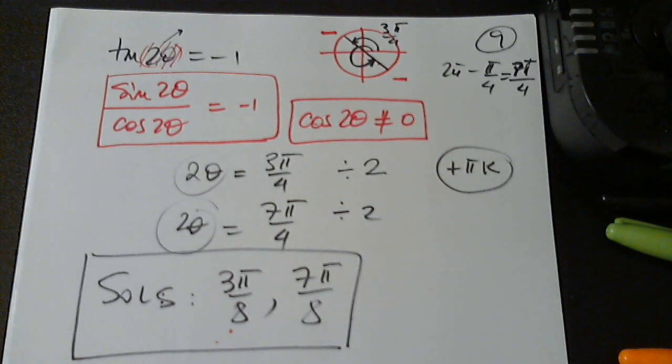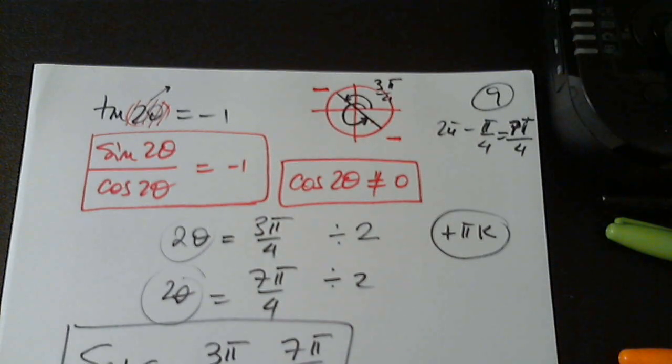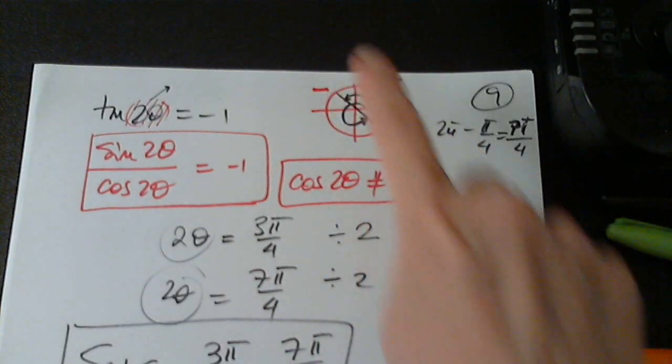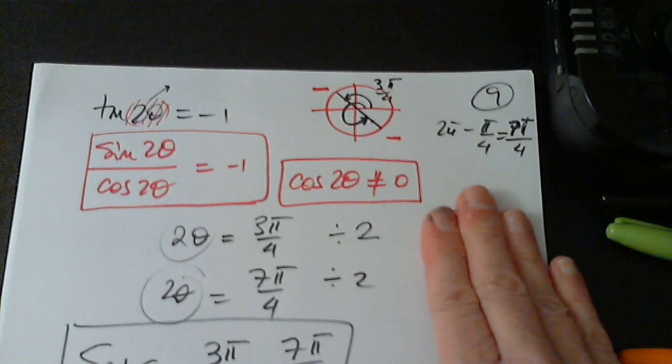Okay, so on the Pearson homework that we had to do, when you were doing a problem like this, you wrote that you have 3 pi over 4, which I understand. So you'd write 2 theta equals 3 pi over 4 plus pi k, if we are asked for all solutions. Yeah, I understand.